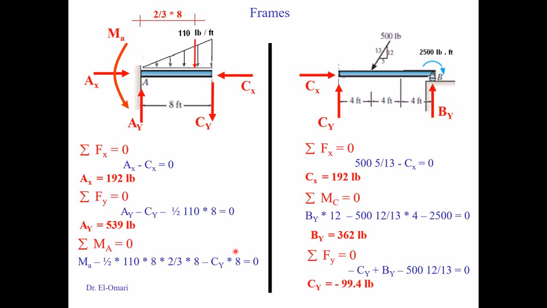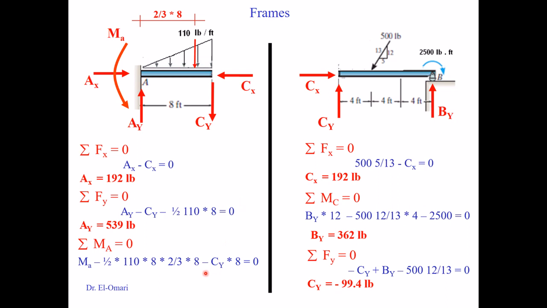We substitute the value for Cy. Here you substitute the positive value. Remember that we changed the direction. Please don't make a mistake. That we changed the direction, which means that you would substitute 99.4. It's because this is the negative rotation, right?